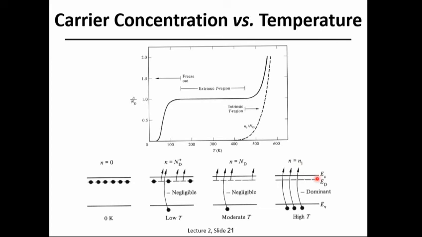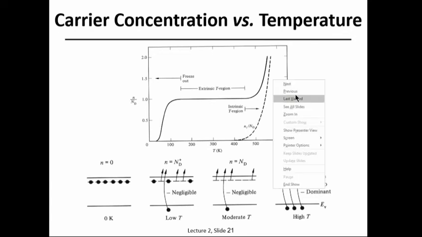Of course, as the temperature goes very high, you go back into the dominance of Ni, because we said that the concentration of electrons in intrinsic material is due only to temperature. So in this case, N becomes Ni, the intrinsic concentration.